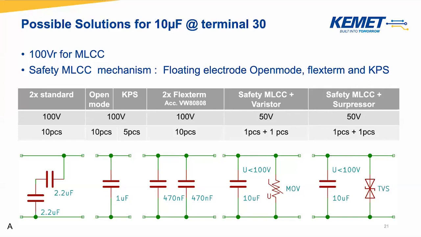If you have a varistor inside, then you can go with a 1210 10 microfarad 50 volt part, same as with a TVS diode. But then you have to provide oscillograms and let the Volkswagen guys know that this active clamping is really working. It's not just that I have a TVS diode. I really need to prove by an oscillogram that the voltage will be cut off at an uncritical level.